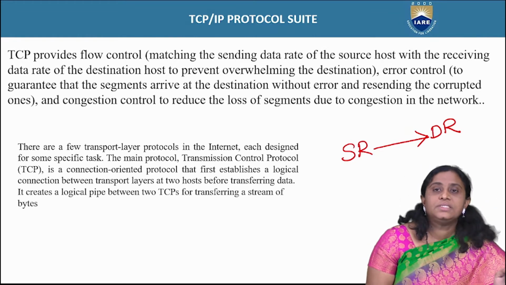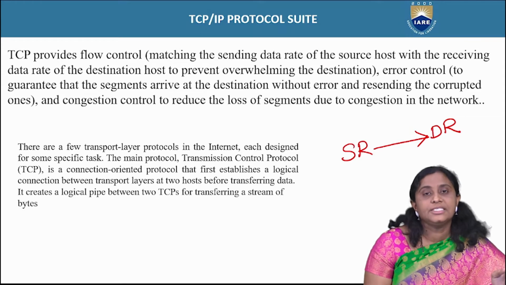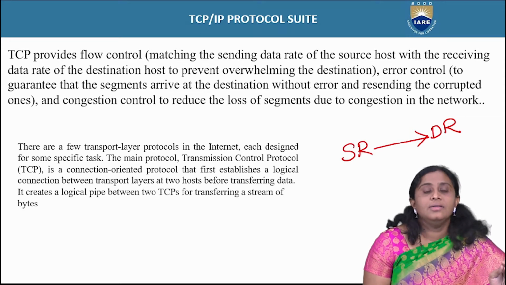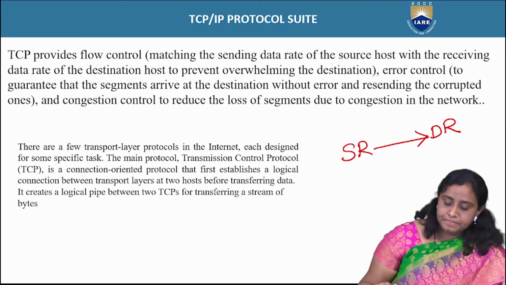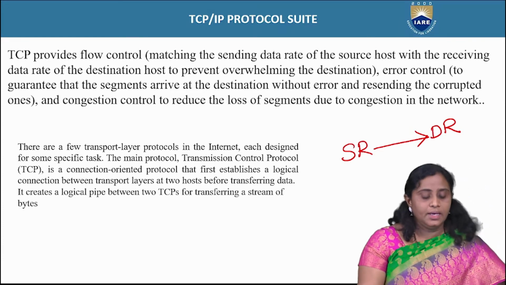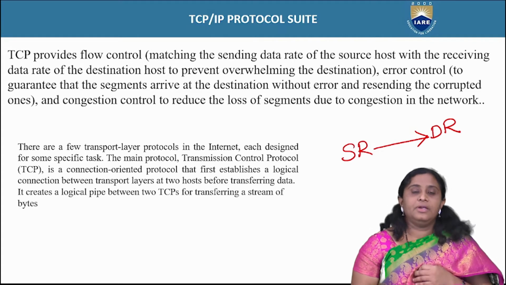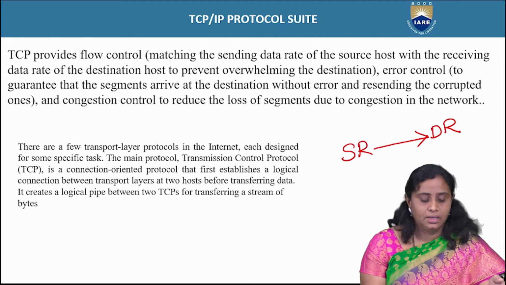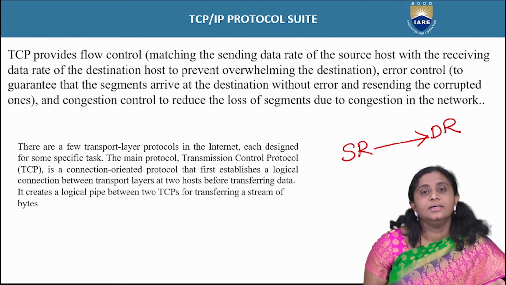The main protocols are TCP, the Transmission Control Protocol, and IP, the Internet Protocol. TCP can create a logical pipe between two TCPs for transferring a stream of bytes over the network.